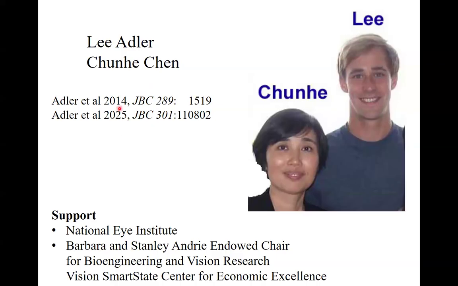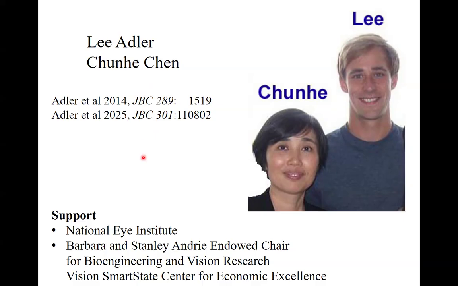The first one, which was mostly in the mouse cells, is from 10 years ago. But there is a very recent one where we did this work in human, and we can talk about why it took us that long to finish this. But we are done with that part with human cells as well.